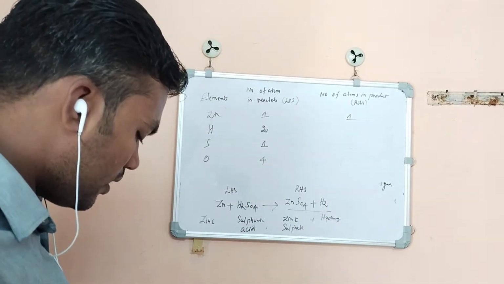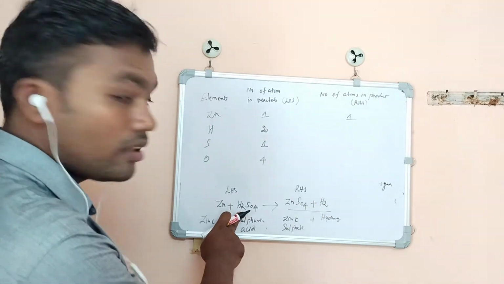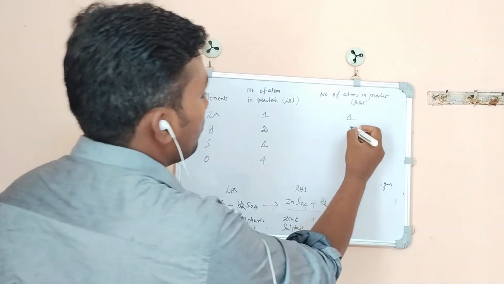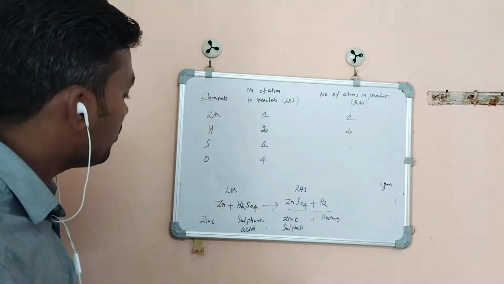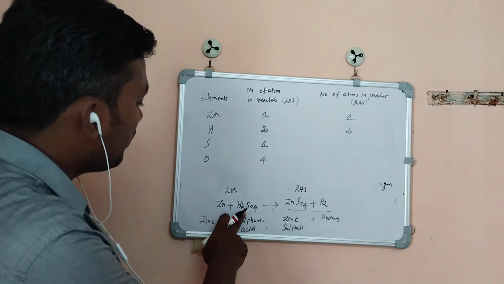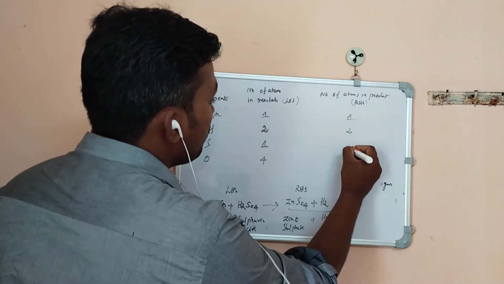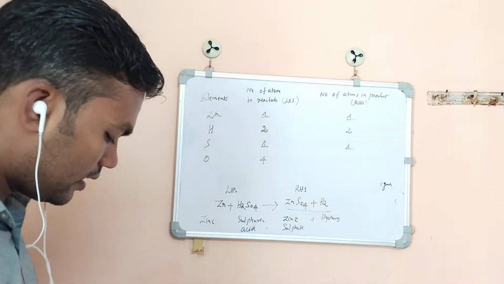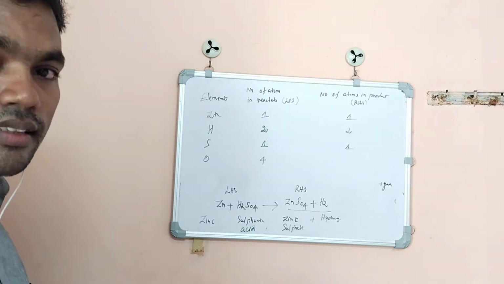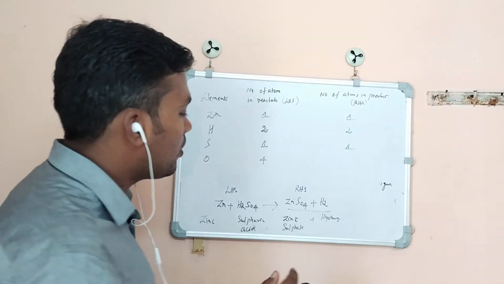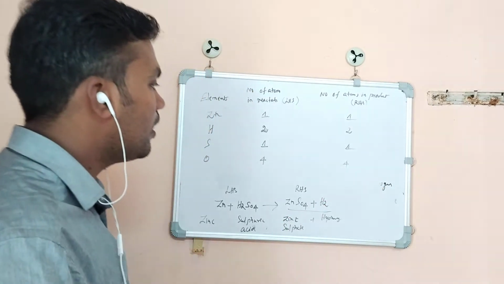How many hydrogens are there here? 2 hydrogens are there. Here also 2 hydrogens, so it is balanced. Then count the number of sulfur atoms in the reactant side as well as the product side. Here also 1, here also 1. Now it's balanced. Count the number of oxygen atoms in the reactant side as well as the product side. Here also 4 oxygen.